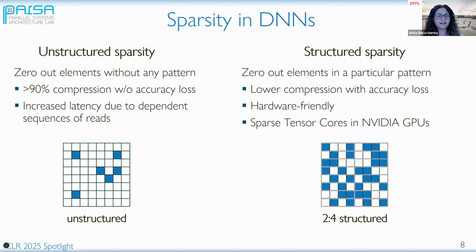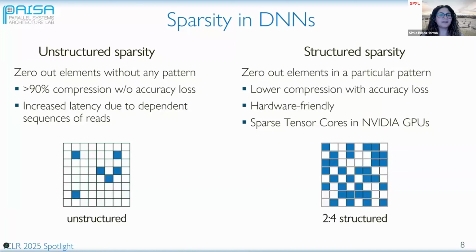But it is not hardware friendly, and we need to keep track of which element we sparsify, and it changes across tensors, which would cause high metadata overhead. In structured sparsity, we follow a pattern to zero out elements, and as we are more restricted, we cannot compress as much. But it is hardware friendly because regular patterns are easy to compress and have low metadata overhead.